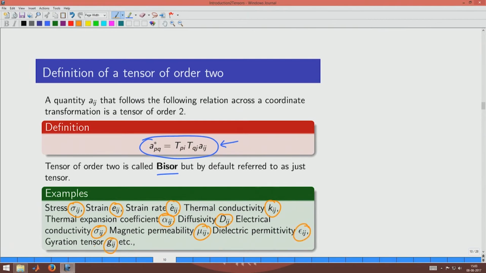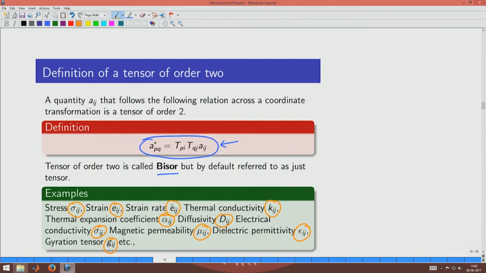Some of these we are not used to representing with 9 different numbers; some we have remembered with only one number. Under what circumstances a tensor of order 2 can have just one number and not 9 numbers will be clear in the next session.